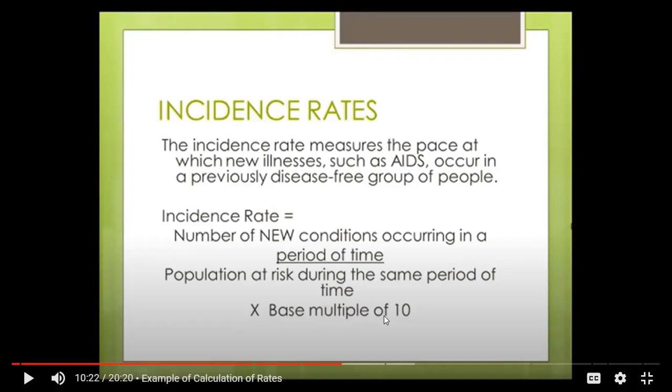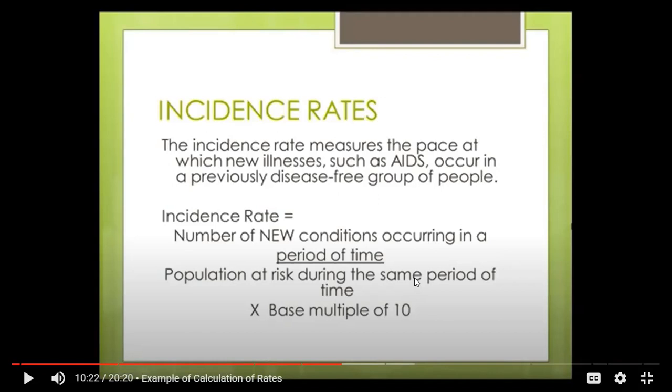This calculation is determined by taking the total number of new cases or events, and it should be divided by the sum of the person-time of the at-risk population. Like a few minutes ago, we saw it, right? How many cases divided by the particular population number.